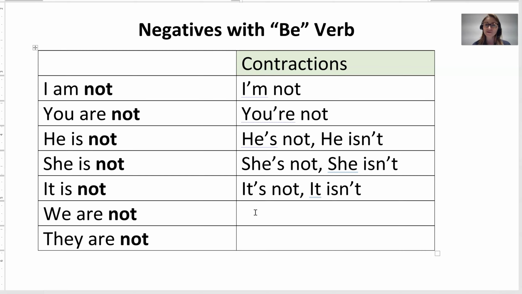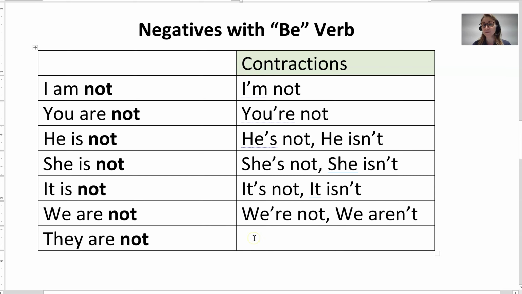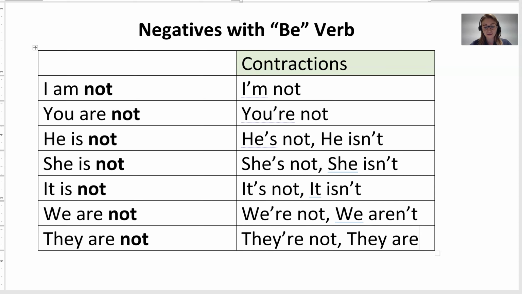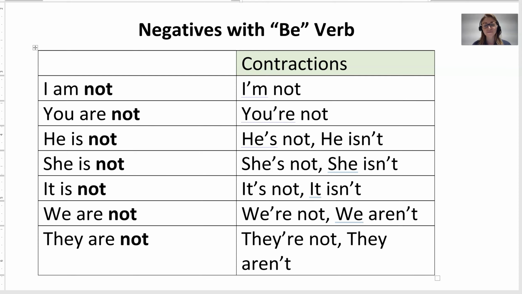Okay, next one, we are not. Does this one have two options also? Yeah, so this one has two options. We can say we're not, or with the negative contraction, we aren't. We aren't. And the last one you can also use, two styles. They are not, or they aren't.